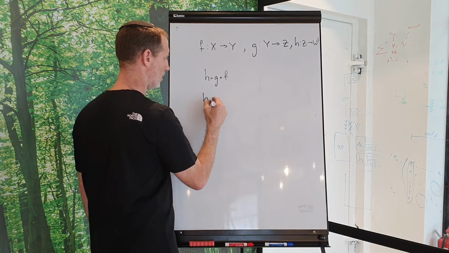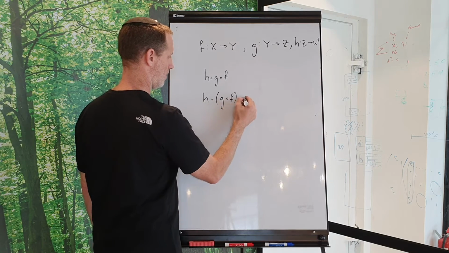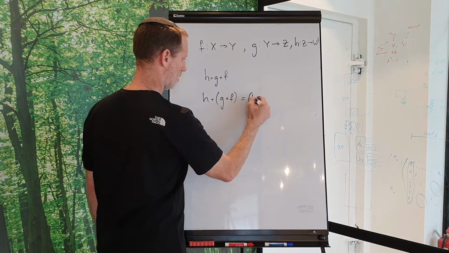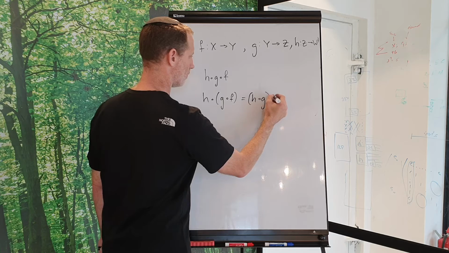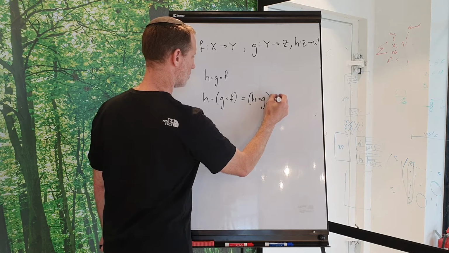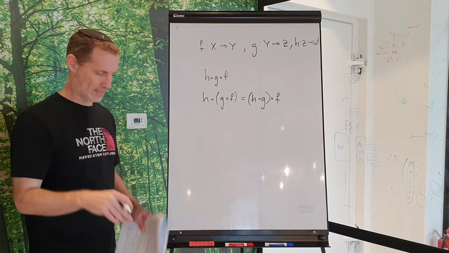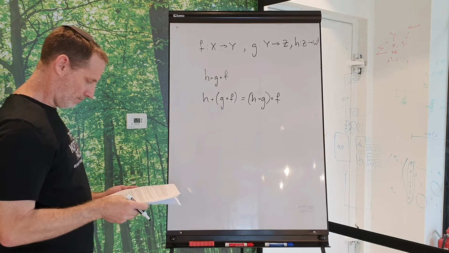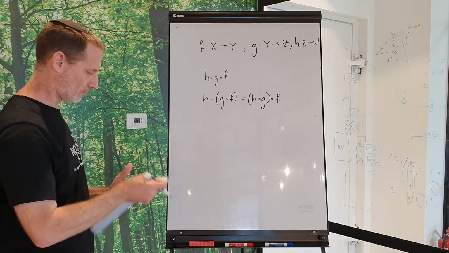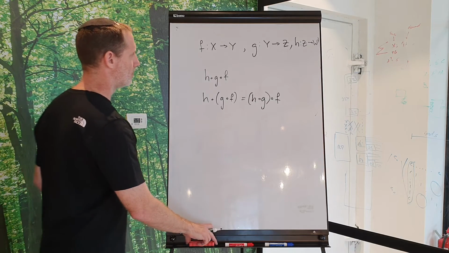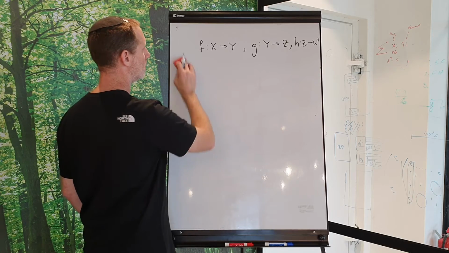So you could do h of g of f, and you could also compose these two first, and only then compose the result on it. So we've got this associativity property. We can prove it, but we're not going to. All of these proofs are pretty simple. They're just annoying, but they're simple.